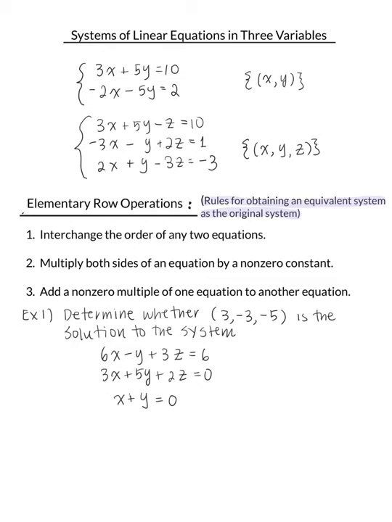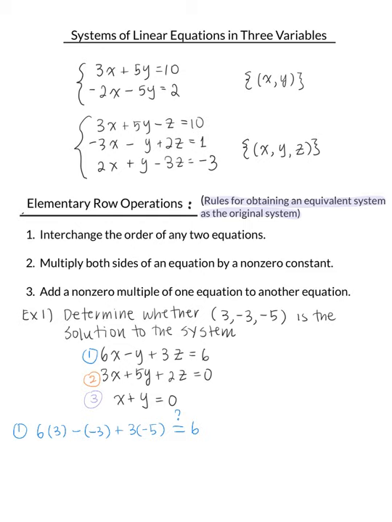So let's check. Let's go with the first equation. Let me just write 6 times 3, and then minus y is minus negative 3, and then plus 3 times negative 5. So the question is, is that going to equal 6?